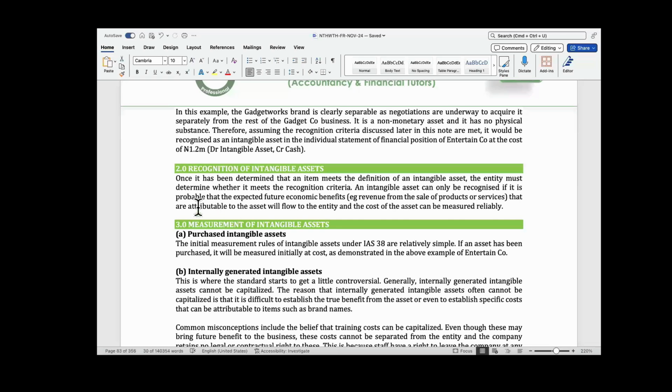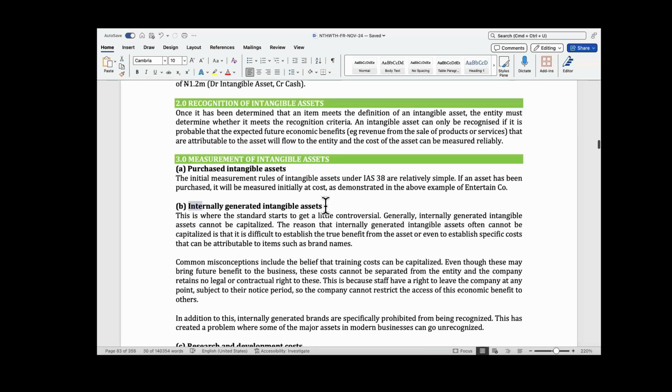And another one is internally generated intangible assets. You need to remember that we do not capitalize them because we cannot place value on the benefits they will generate or know the costs we incurred in developing them. Even we at Equity Professionals cannot say this is how much we have incurred to have our good name.